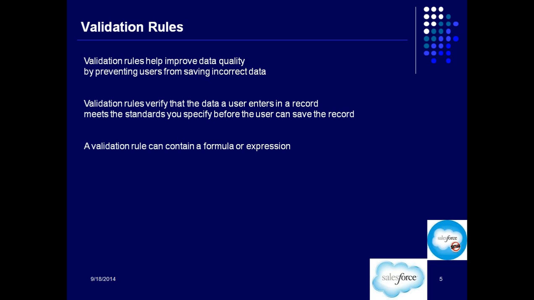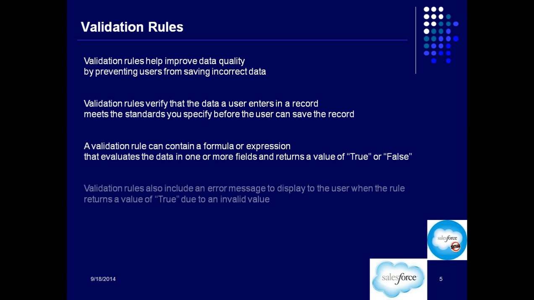So that rule is defined using a formula expression that evaluates the data in one or more fields and returns a value true or false. Validation rules also include an error message to display to the user when the rule returns a value of true due to an invalid value.